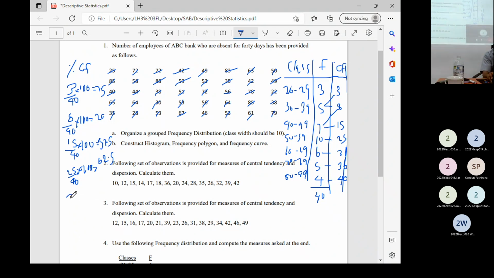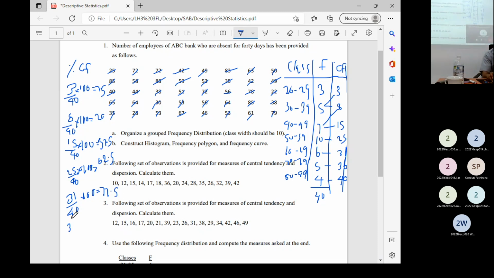Next, 31 over 40 multiplied by 100. It is difficult for me to write because I use the mouse. That gives 77.5.